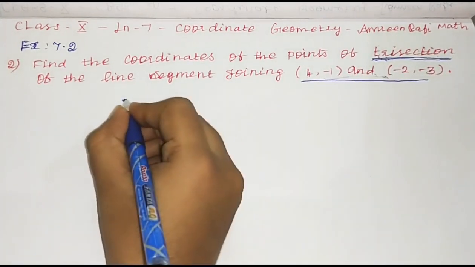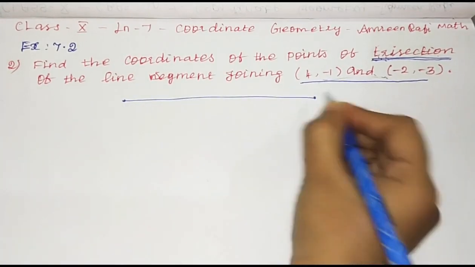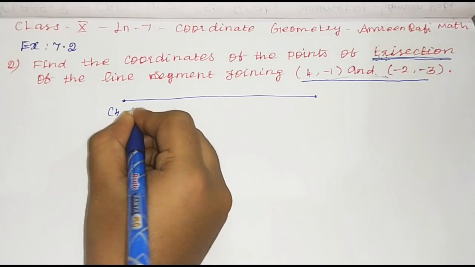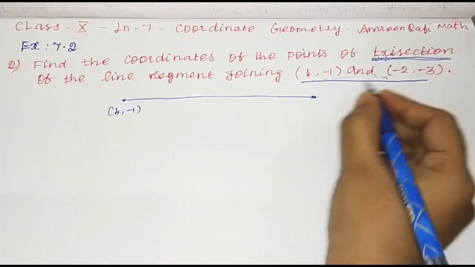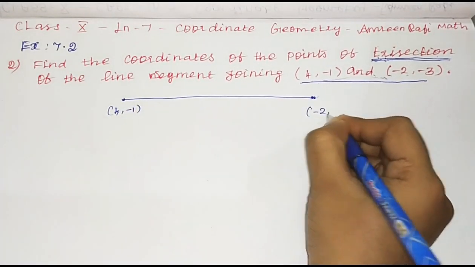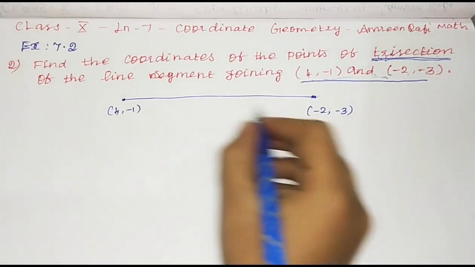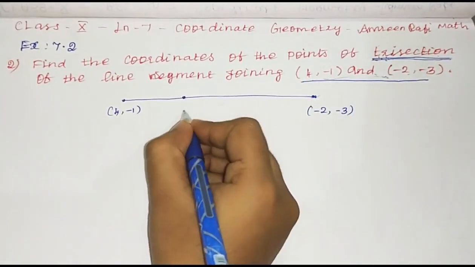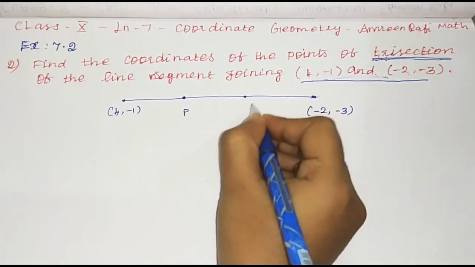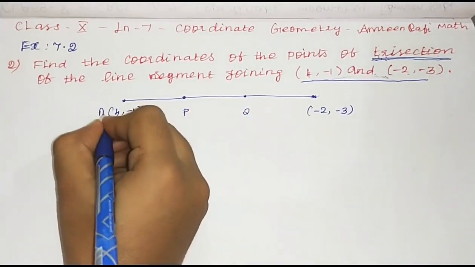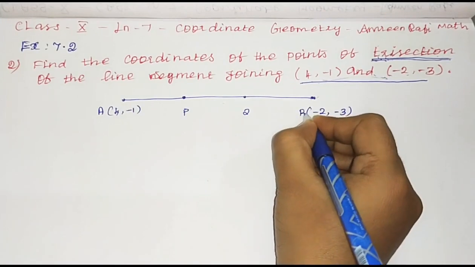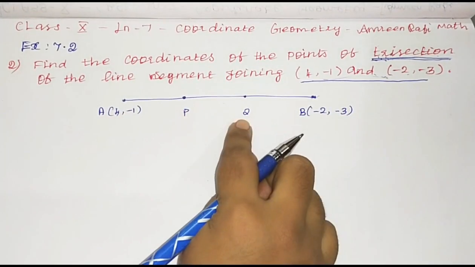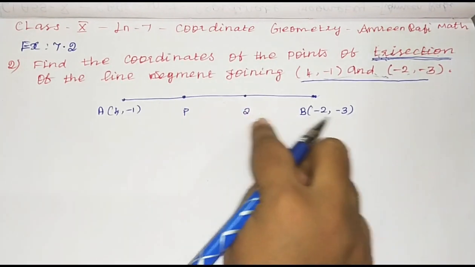So through a diagram I will explain to you. I draw a line. One point I consider 4, minus 1. Another point I consider minus 2, minus 3. The line is divided into trisection. So one point I consider P, another point I consider Q. The coordinate points are A and B. See here, AP is one section, PQ is one section, QB is one section.